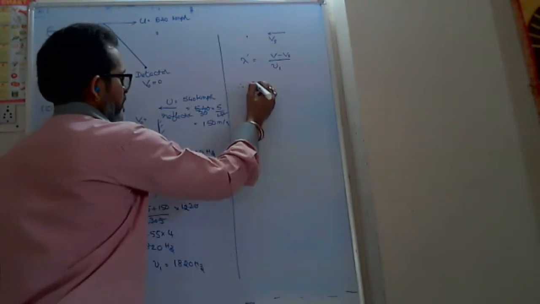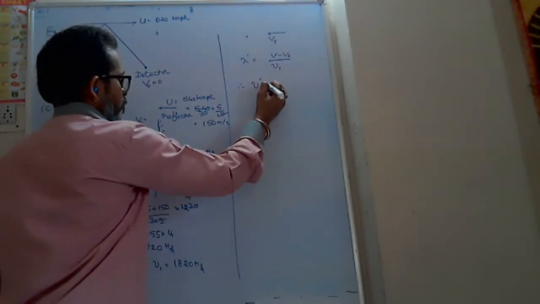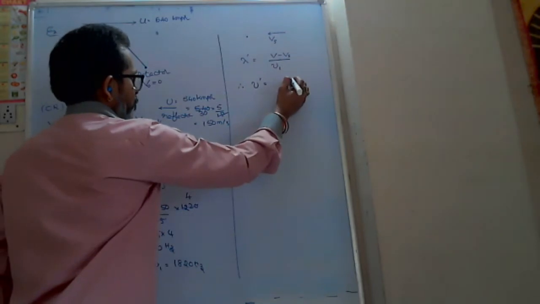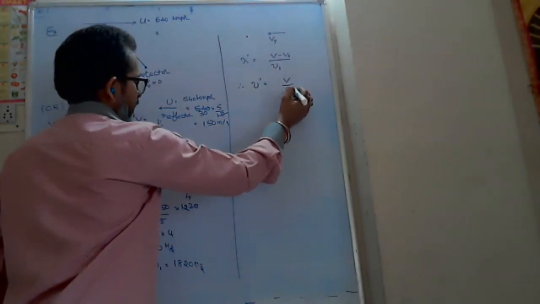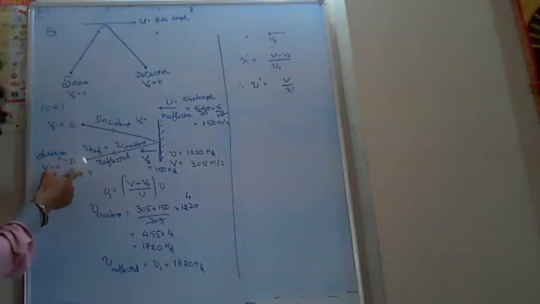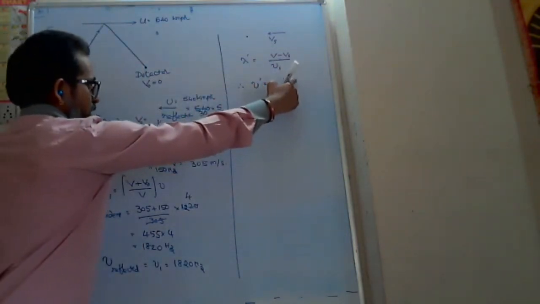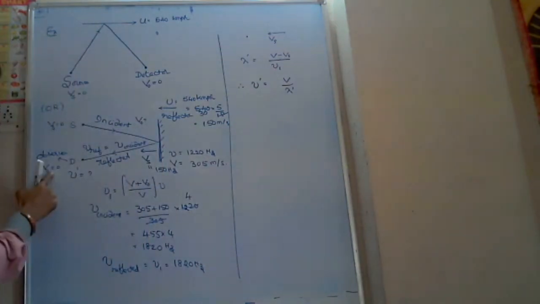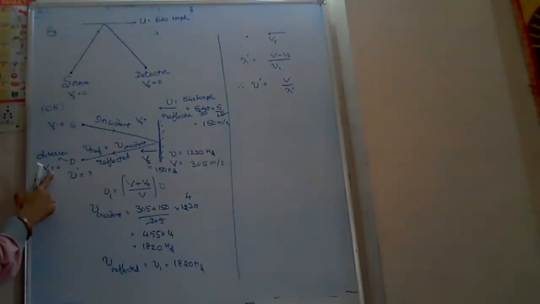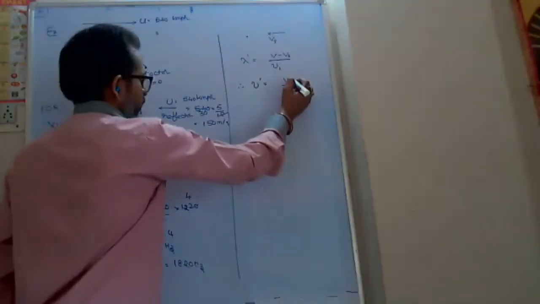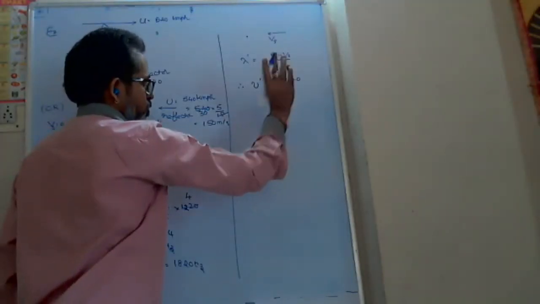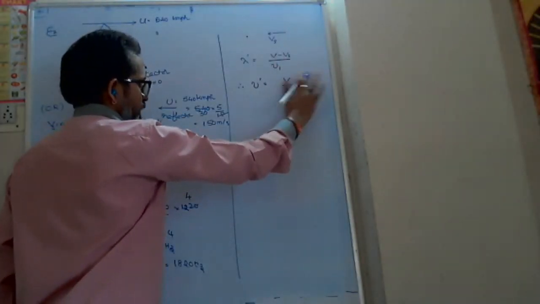Therefore, the frequency received by the observer, nu dash, equals V by lambda dash. While calculating the frequency, we have to write with respect to the observer. Is the observer at rest or in motion? It's at rest. Rest means no need to write plus or minus, it is 0. So that is V only.